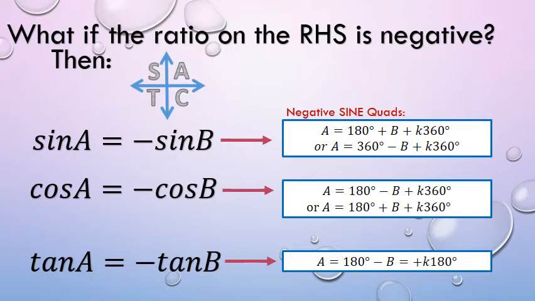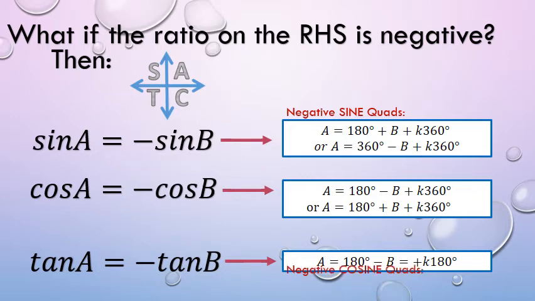So A is actually 180 plus B. Why? Because if you look at the 180 plus quadrant, you'll see that's quadrant number 3, and that is where sine is negative. Likewise, A would be equal to 360 minus B. Why? Because that is quadrant 4, and in quadrant 4, sine is negative.